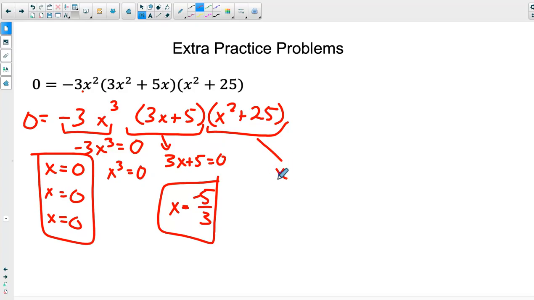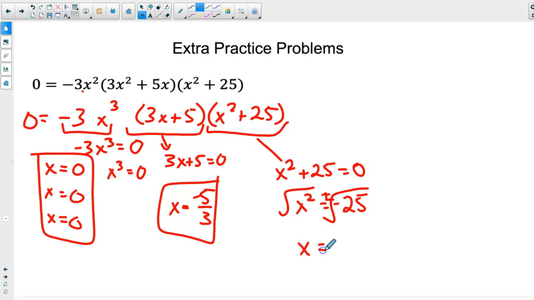Last one right here. So this one gets a little tricky because when I take the square root, what is the square root of negative 25? Asher, what's the square root of negative 25? 5 I. Yeah.